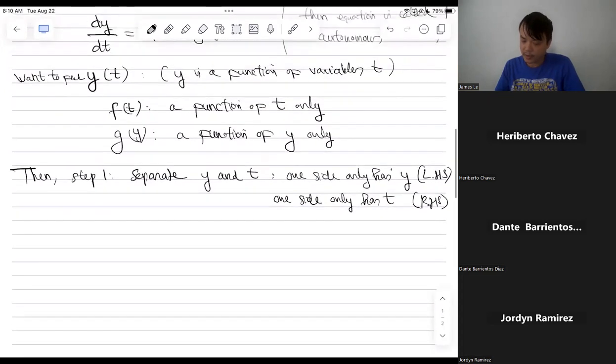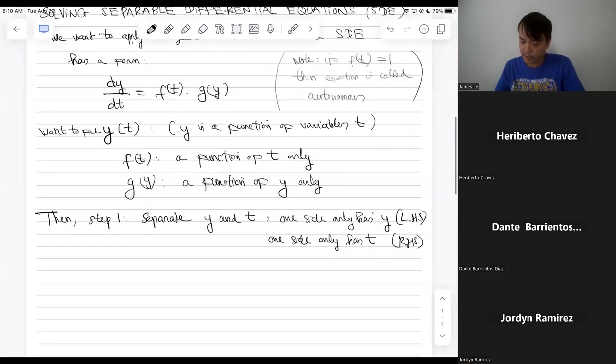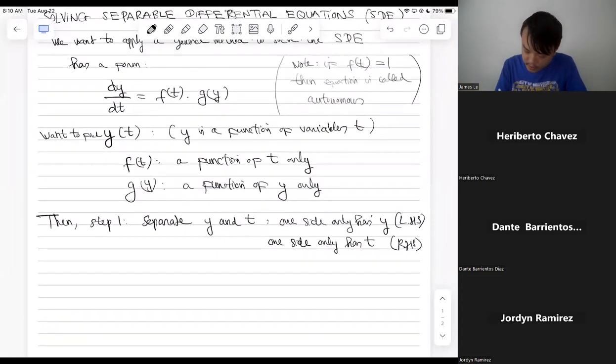Okay, how can you separate y and t onto different sides of this equation? Let me write it down again.